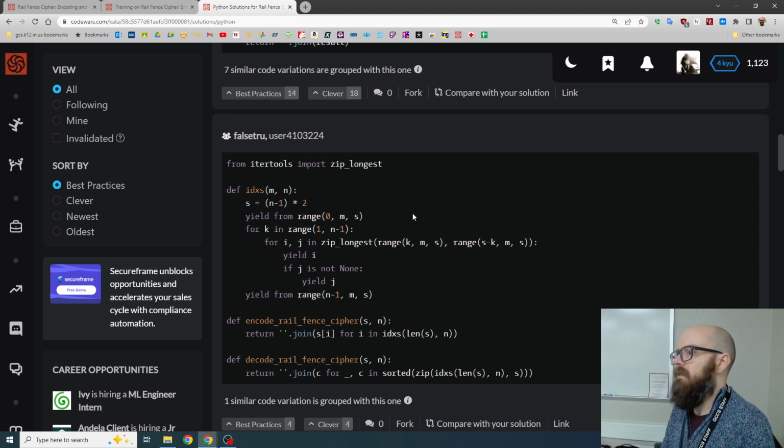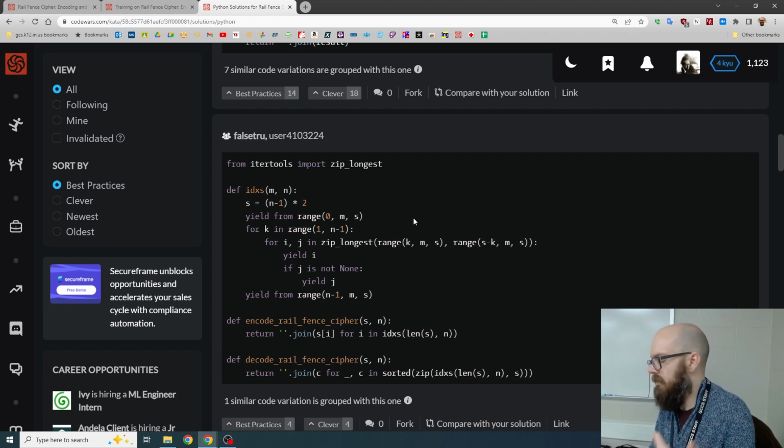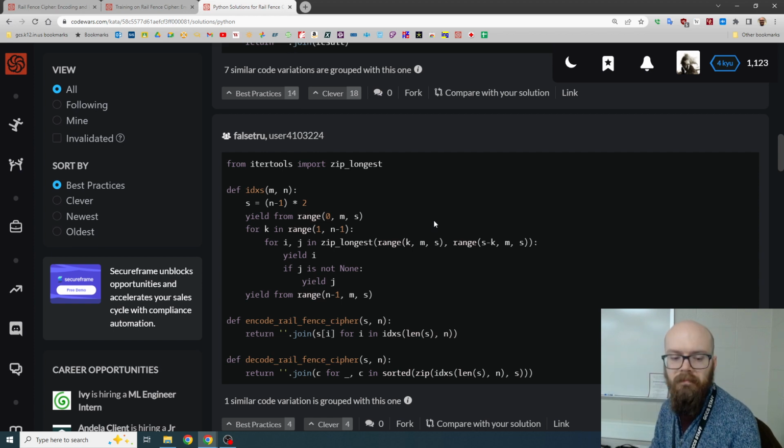And a lot of people were talking about padding the string to make it just a little bit longer to fit into a cycle. So if you have zip longest, you don't need to pad it because it'll just keep going based on the sequence, and I think you can specify a default on zip longest or something to fill in what's not matched on the other side, you know.